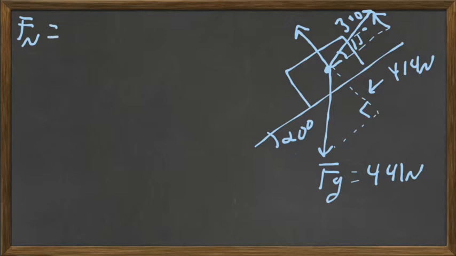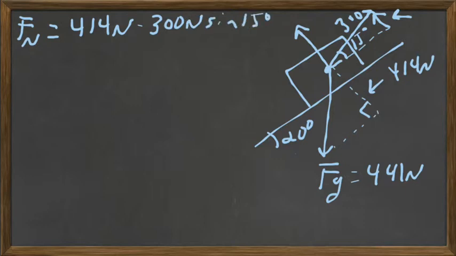So my normal force would be 414 newtons minus the upward component of my pulling force. Since that side of the triangle is opposite my 15-degree angle, I'll use the sine function: 300 newtons times sine of 15 degrees. And I wind up getting a normal force equal to 336 newtons.